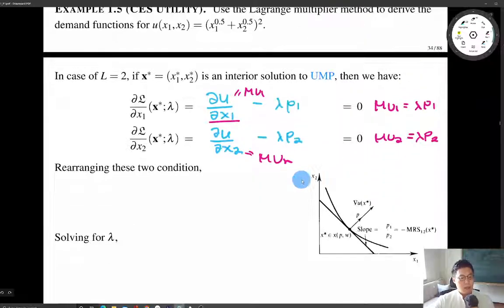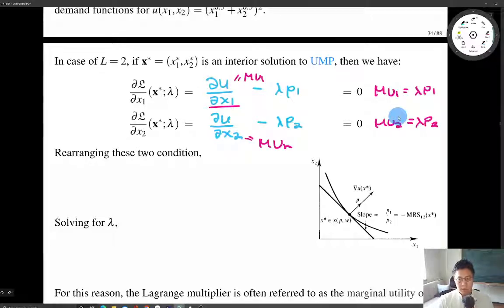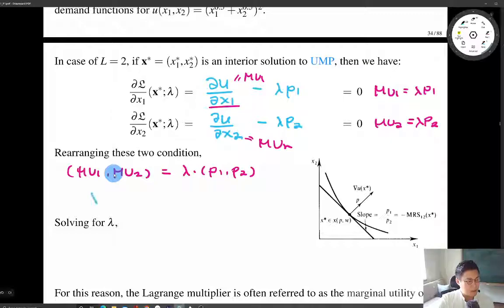We can collect them and express in vector form: the vector of marginal utilities equals lambda times the price vector p1 and p2. As marginal utility is simply the partial derivative of a utility function, the vector on the left hand side is the collection of partial derivatives, called the gradient in mathematics. So the left hand side is the gradient of u.